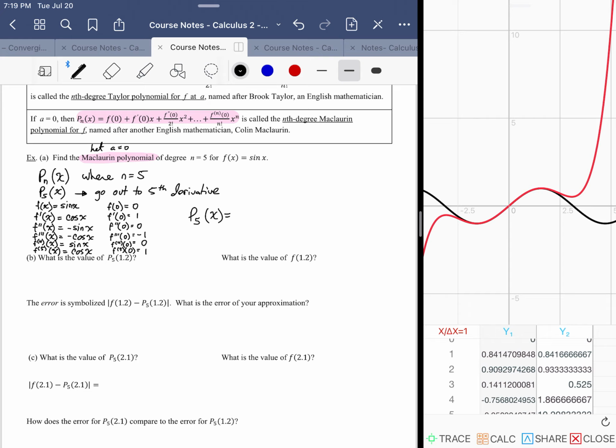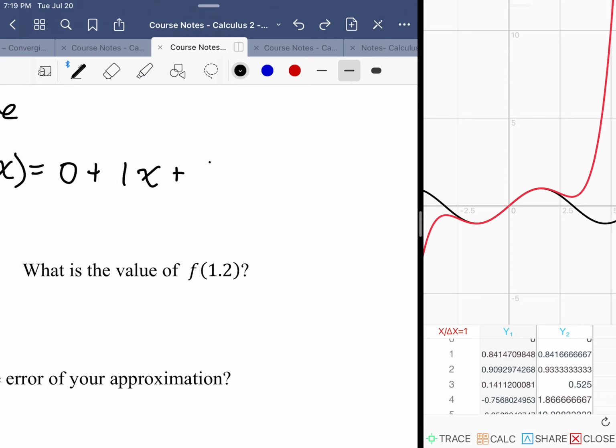So 0 plus, and I'll write it in its full glory here first, plus f prime at 0 is going to be 1 times x, plus f double prime is going to be 0 over 2 factorial, all right, times x squared.